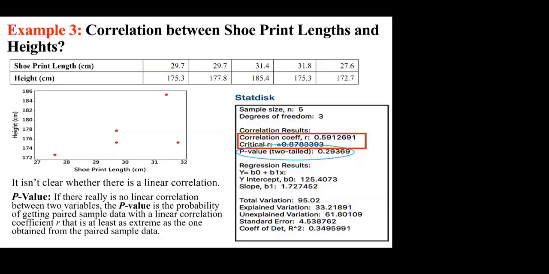Now, if you look at the information on the right side that has been given to us by technology, in this case StatDisk, if you run the data, one of the values that it gives you is the p-value. And normally, you compare it to the specific choice of alpha. Again, what is alpha? Probability of making type 1 error. We're going to discuss that in later chapters. It's put here. I want you to at least have an idea how that works.